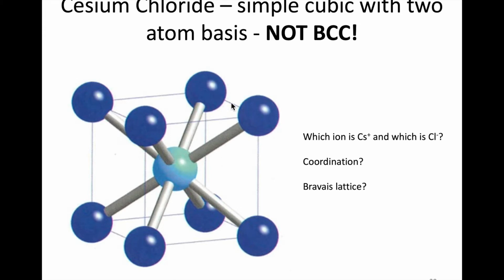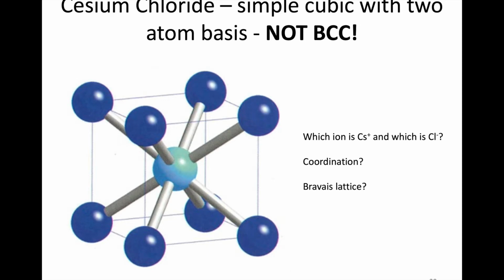So instead, if we just look at one group of ions, we see that it forms a cube. And then if we drew the other, so in this case the cation, and we just drew a shape for that, that would also form a cube. It would just be offset by this distance. And so we can think of this as kind of interlocking cubes of cesium and chloride.